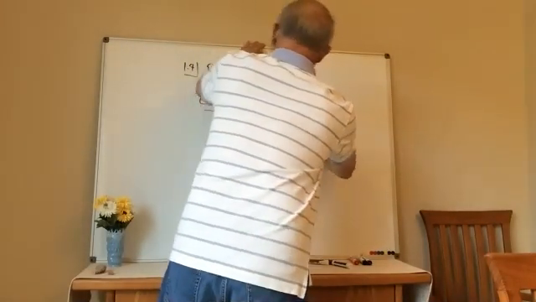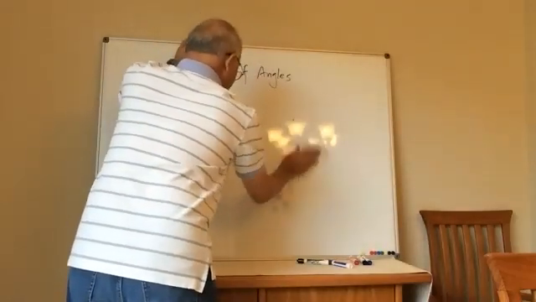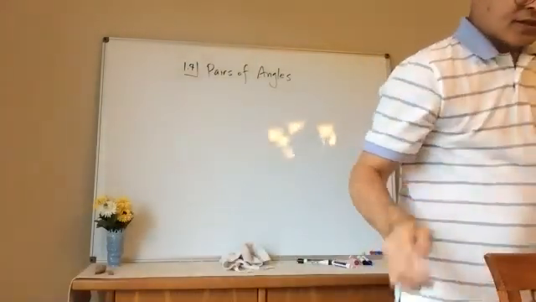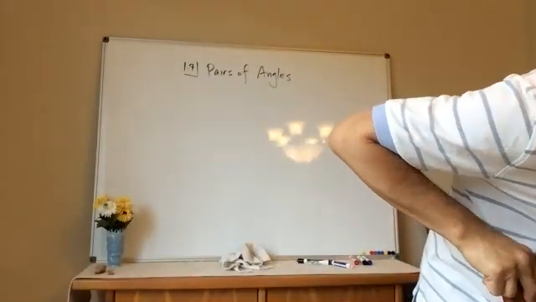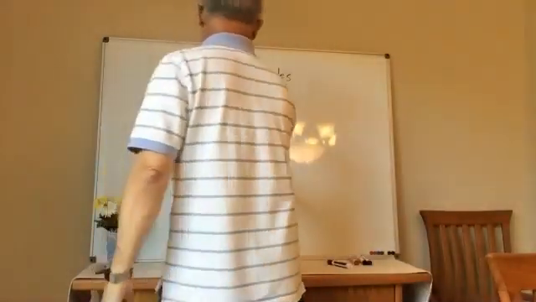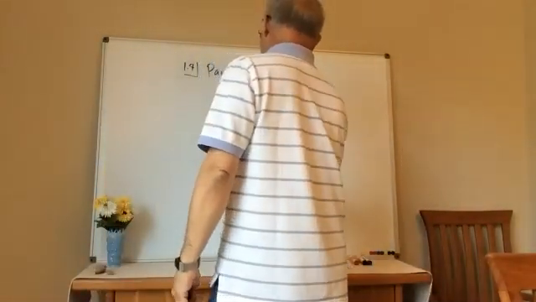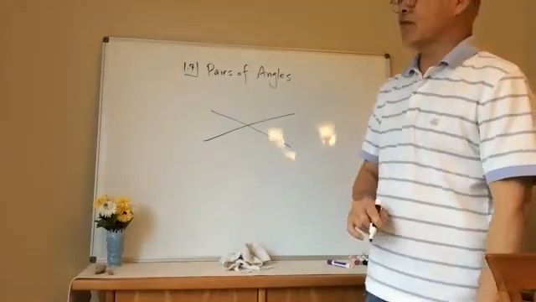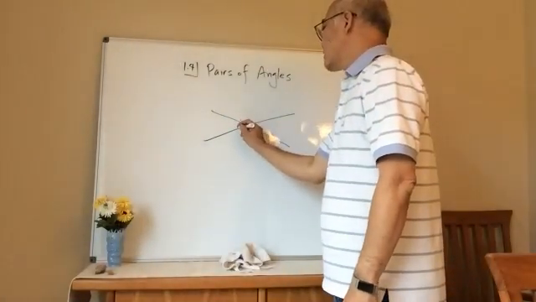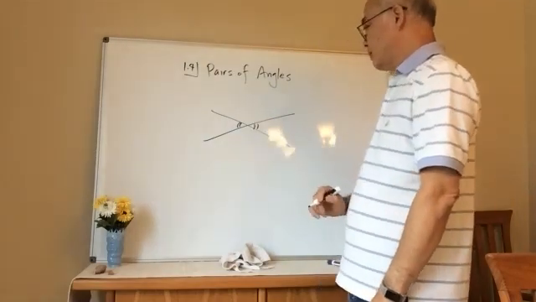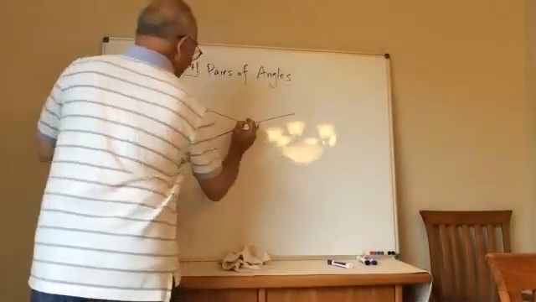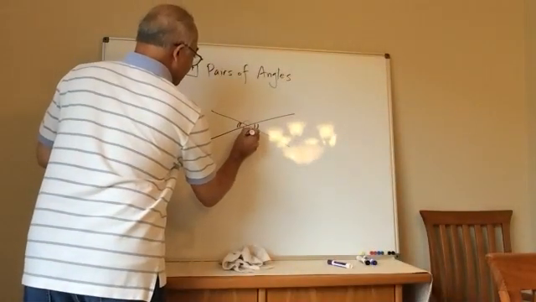Now let's go to the last concept we're going to talk about today: vertical angles. Vertical angles is pretty simple. If I have two lines that meet like this, I'm going to form vertical angles. This is a set of vertical angles, and this is a set of vertical angles.